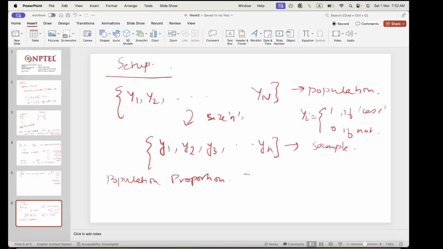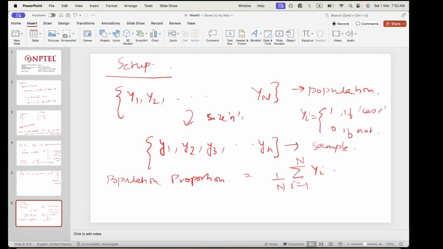So the population proportion is 1 by n summation i equal to 1 to n yi. Summation yi from 1 to n is actually the count of cases, and if we divide the count of cases by the total number of individuals, we get the population proportion.